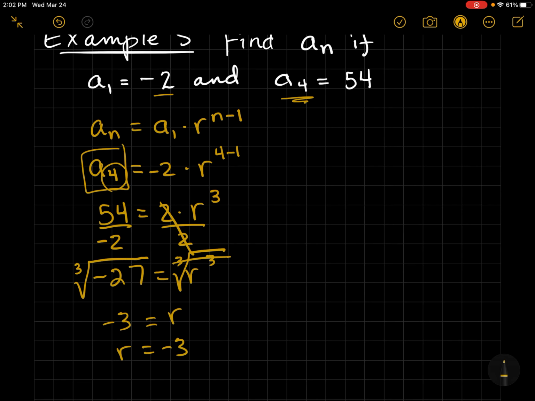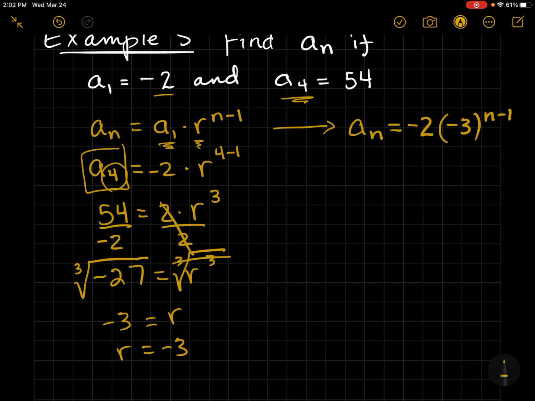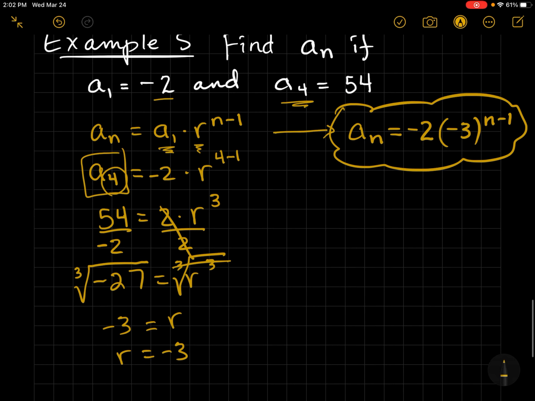Now, in order to write a sub n, you only need to know a sub 1 and r. So now I'm going to go back, now that I know what r is, and a sub n equals a1 times r to the n minus 1. Okay, and that's a good formula right there. That's my a sub n.